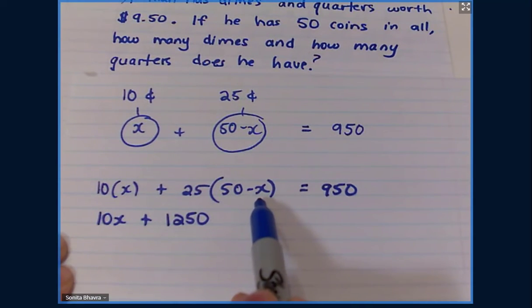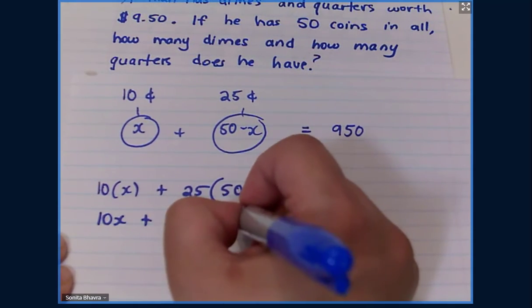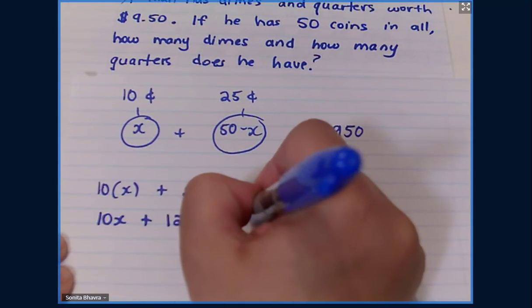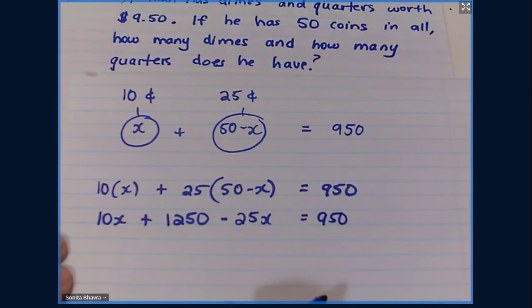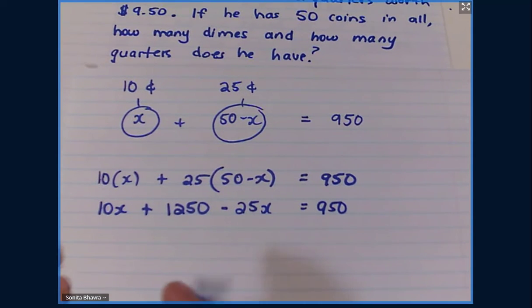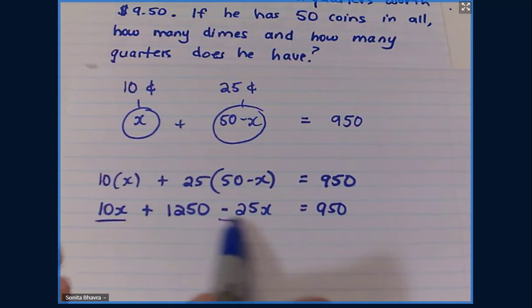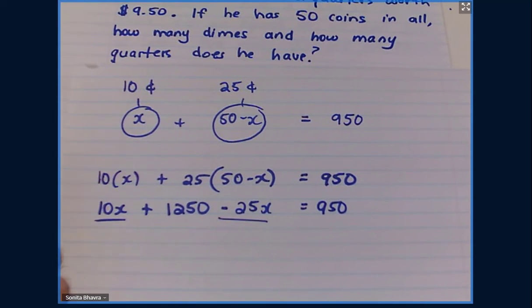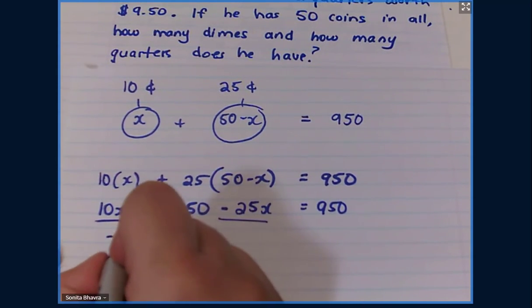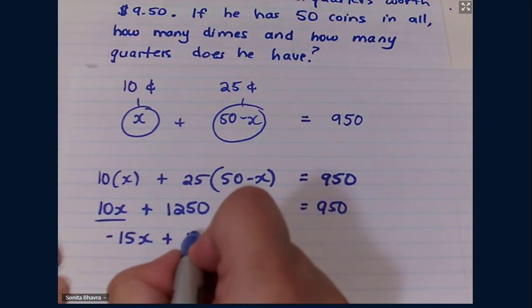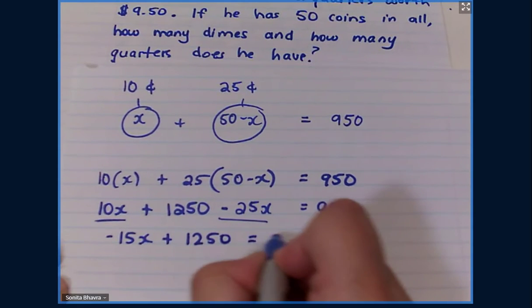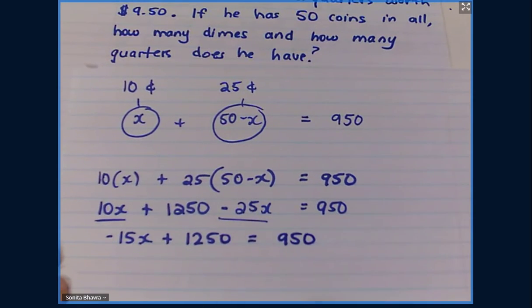And then 25 times negative x is minus 25x, and it's equal to 950. Collecting your like terms, we have a 10x and a negative 25x. That gives me negative 15x plus 1,250 is equal to 950.